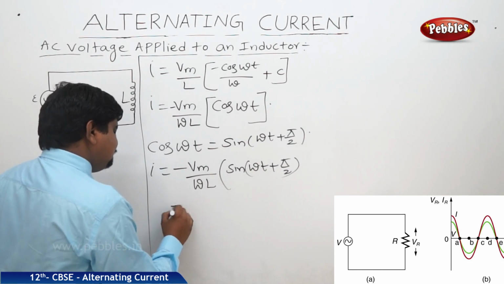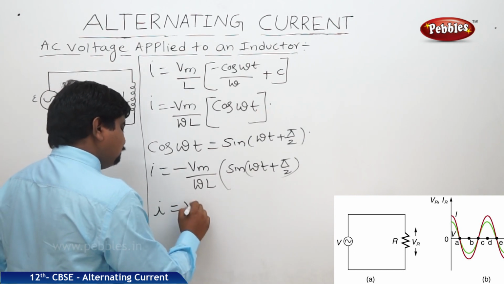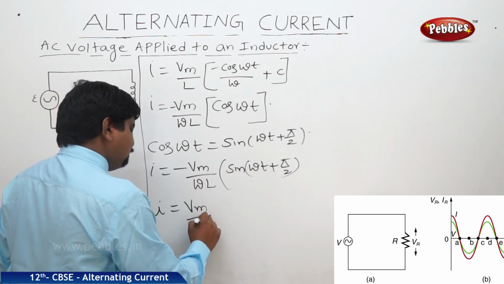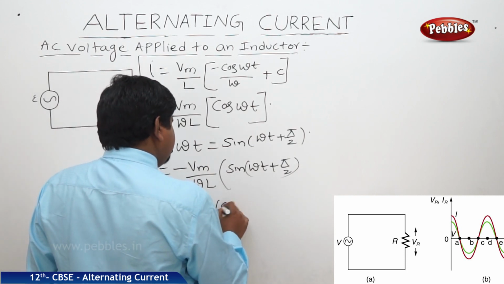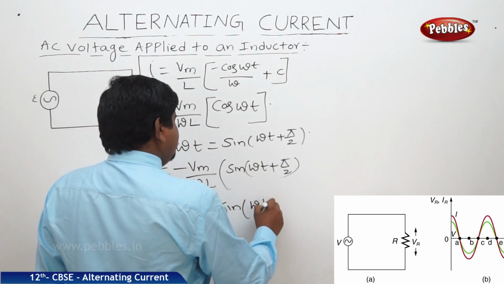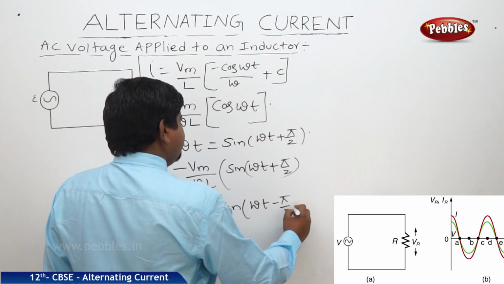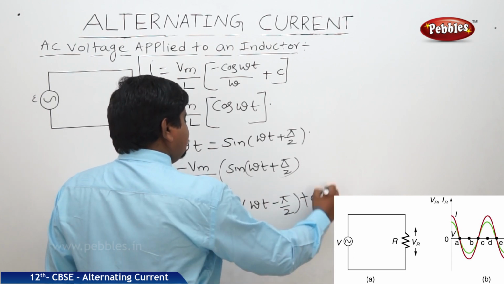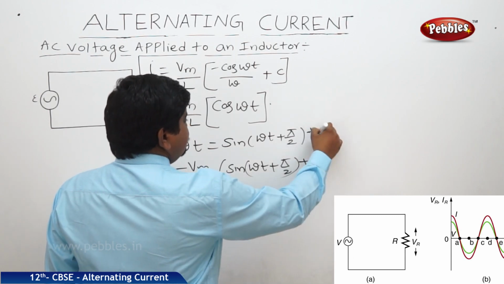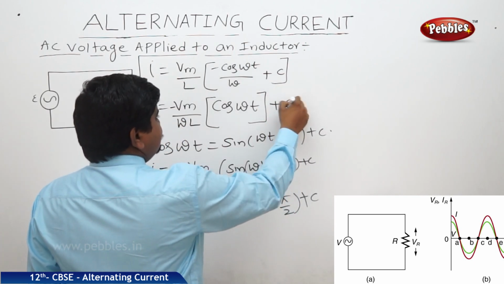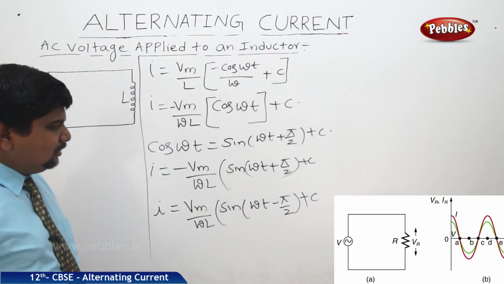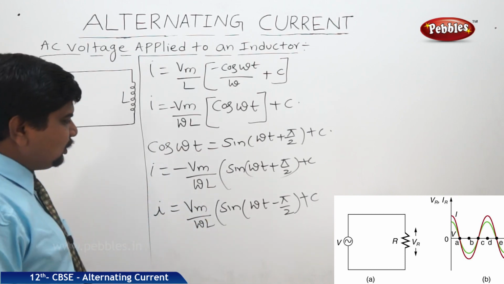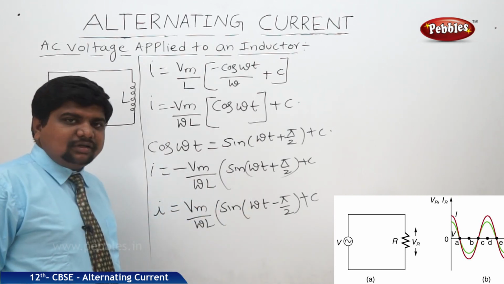But since the minus sign is there, we can write I is equal to Vm by omega L into sin of omega t minus pi by 2, plus a constant. The constant term is not required, but as per the rules of integration, we should add it.